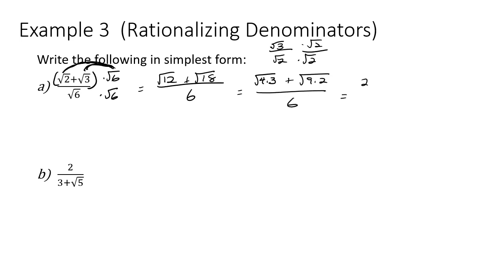So that's going to give us 2 square roots of 3 plus 3 square roots of 2 all over 6. Now if there was something in common between all of these coefficients, we could reduce the fraction, but since there's nothing in common between 2, 3, and 6 other than 1, which wouldn't get us anywhere, that's as simple as this problem gets.